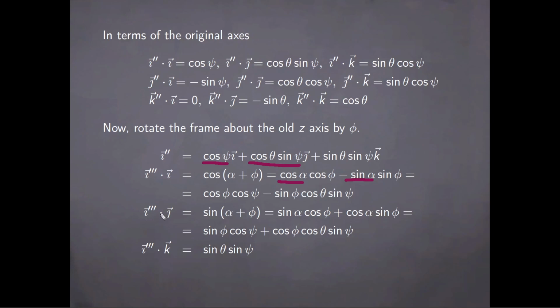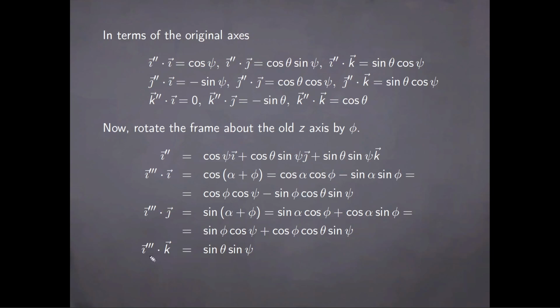Similarly, we can look at the direction cosine on the j or the y-axis, which is going to be given by the sine of this new angle. So if we once again perform the expansion and use the same identification, we can write the formula here.